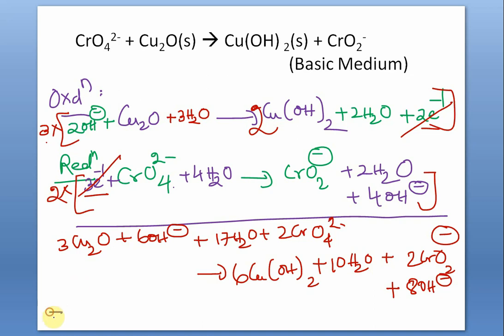Let us simplify. 3 Cu2O: the OH minus ion is in excess on the right side, so it will go to the right side. But water is in excess, so water is coming to the left side. So unless you do it by the partial equation method, it will mislead you.